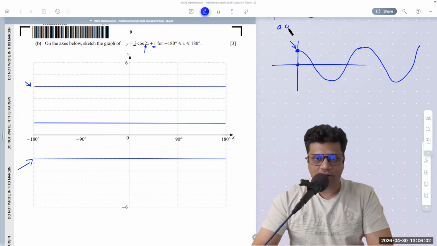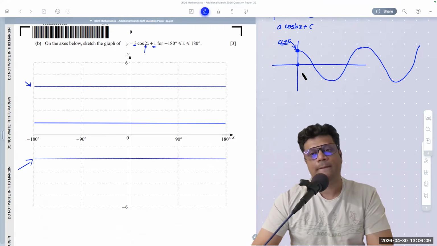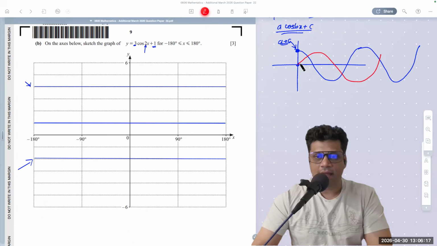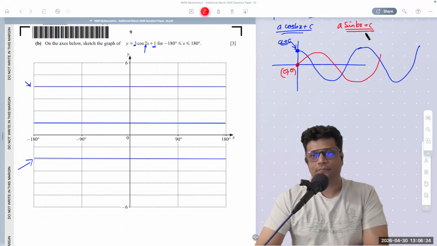This point has to be a plus c always on a cos curve. A sine curve will do something else. A sine curve will go like this, and this point will be 0 comma 0 if it was a sine of bx plus c.